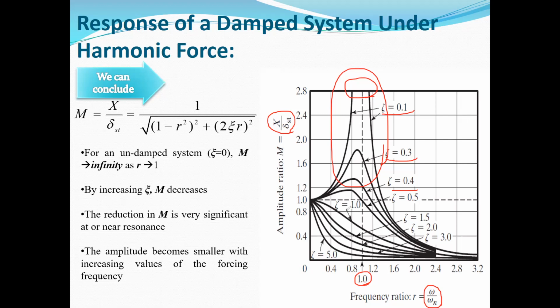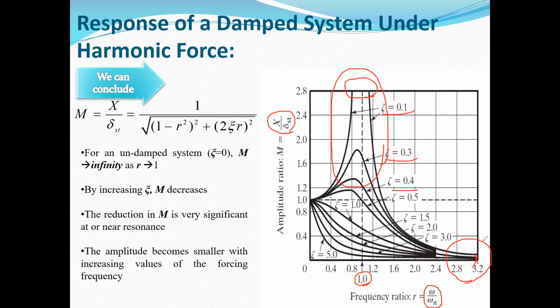And finally, the last conclusion that is very important here, you can see by increasing the frequency of the excitation, or by increasing the frequency ratio in this area, for example, for this point, omega is about 3 times more than the frequency of the system, or omega is equal to 3.2 times omega n.